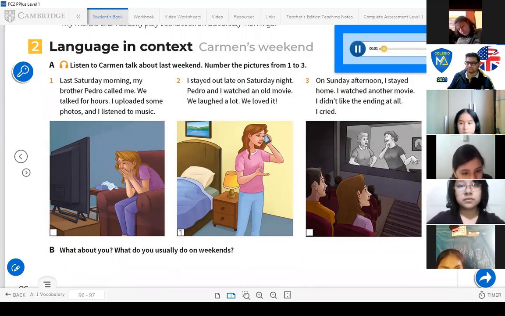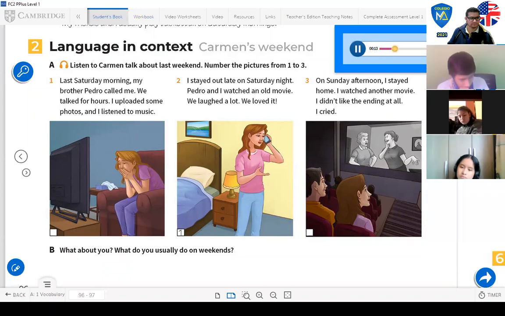Page 96, Exercise 2, Language in Context, Carmen's Weekend. 1. Last Saturday morning, my brother Pedro called me. We talked for hours. I uploaded some photos, and I listened to music. 2.